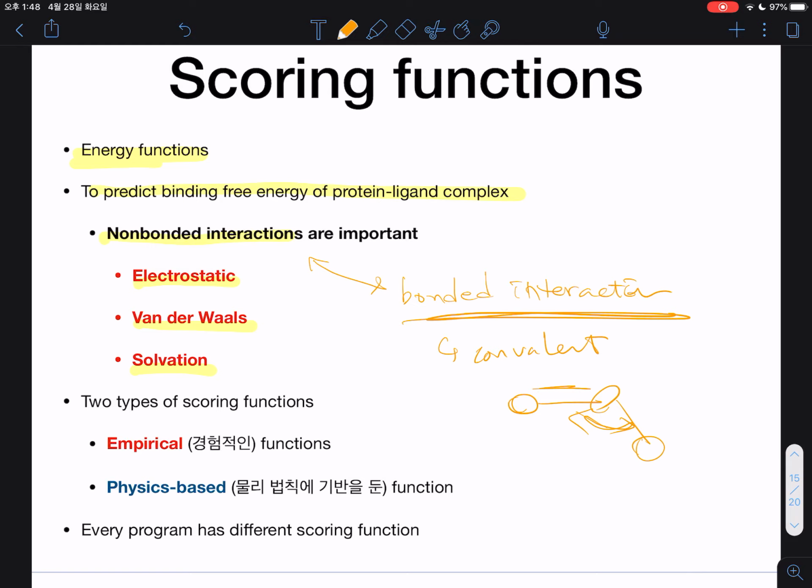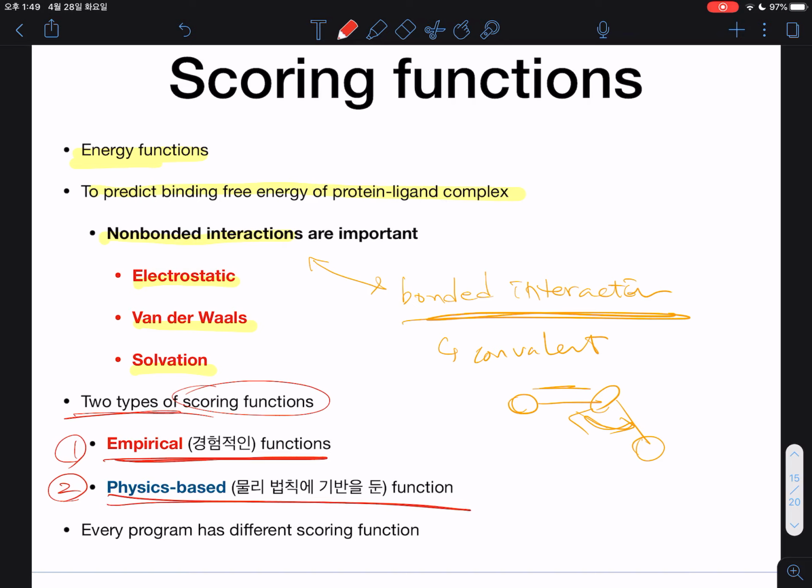When you think about scoring functions, they can be classified into two types. The first one is empirical scoring functions, and the second one can be called physics-based scoring functions. Empirical means that they are based on experience or data.